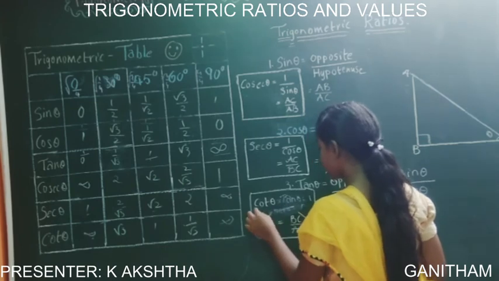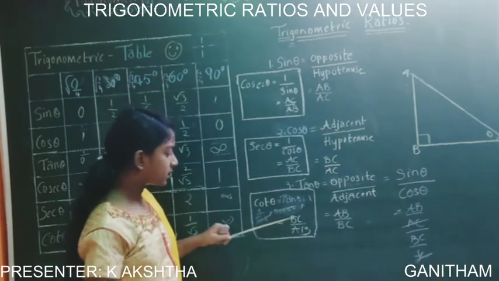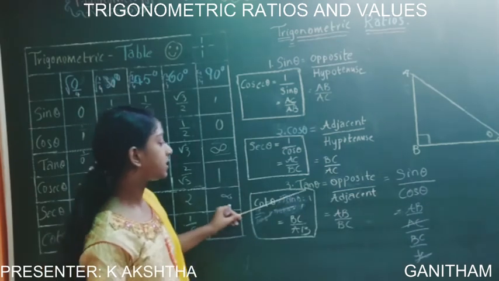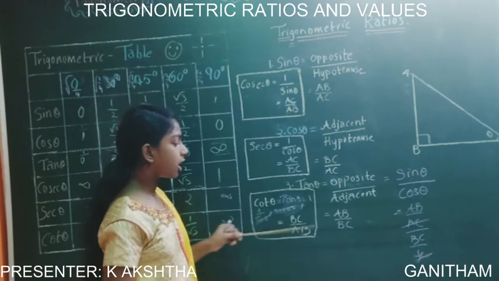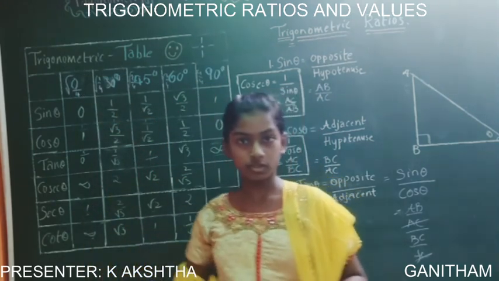Tan theta cancelled, 1 is equal to 1. That's simple. What was the value of cot theta? The inverse ratio of tan theta. So this is how we write the trigonometric table and the trigonometric ratios.